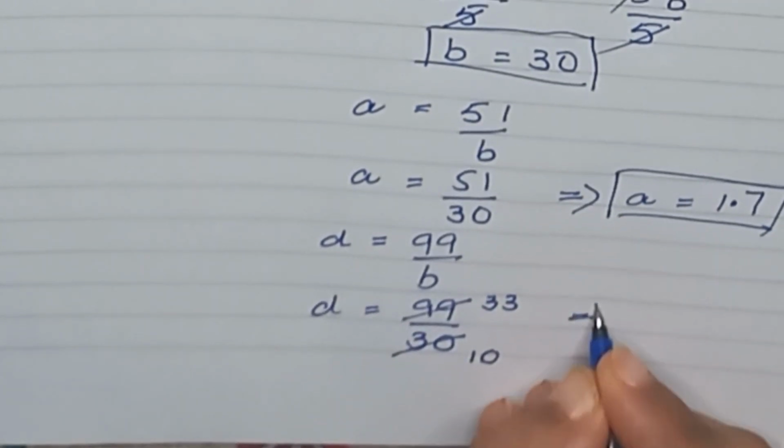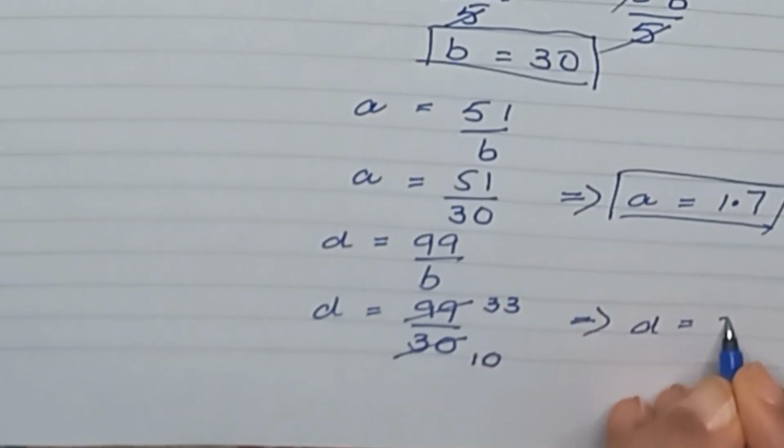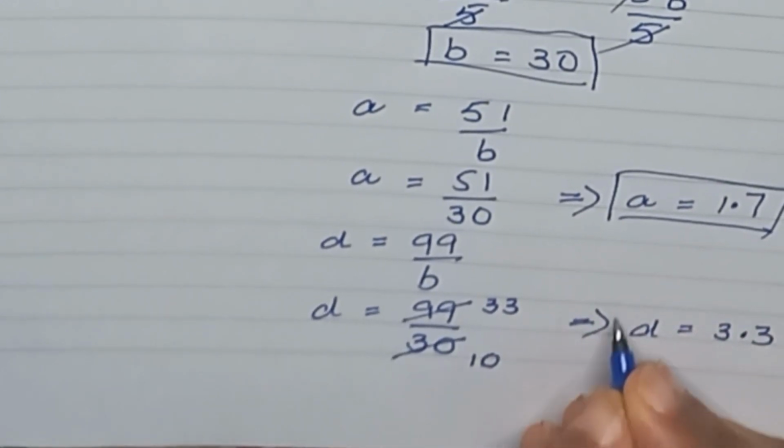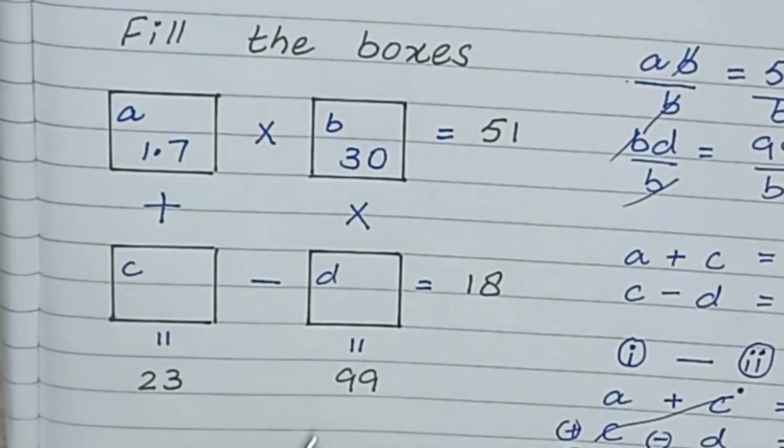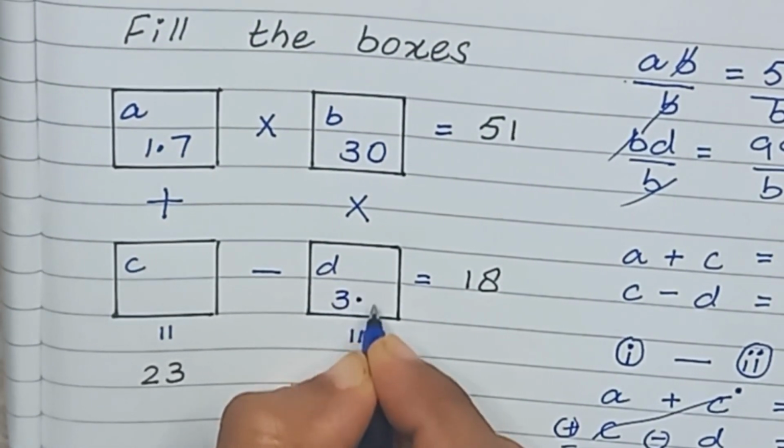So from here D is equal to 3.3. So D will become 3.3.